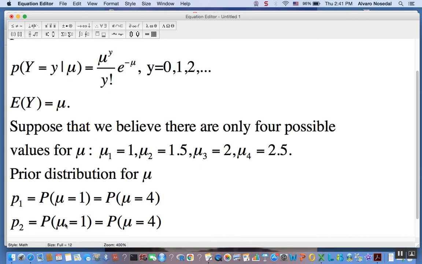So we consider that 1.5 and 2, mu2 and mu3, have the same probability of being the actual value for mu, and they have a probability P2.